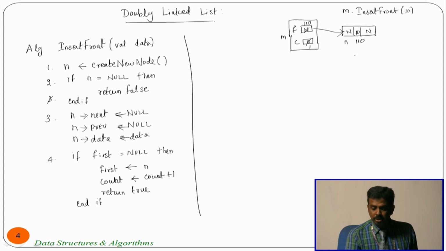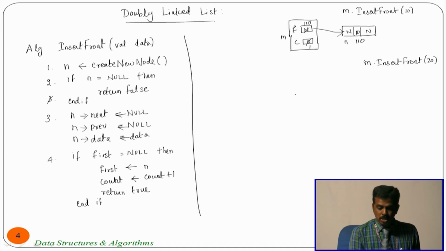I wanted to insert, that is, m dot insert front of 20. So what is the existing one? F, and it is containing 110, and the count is 1.